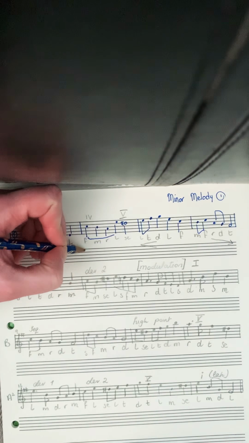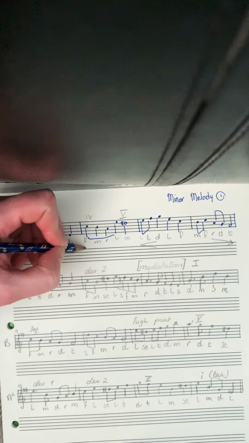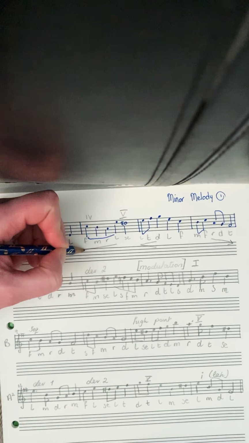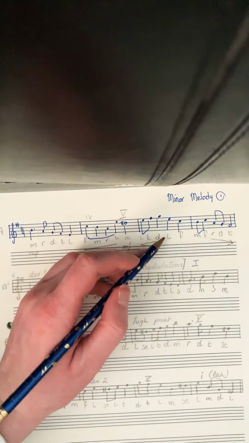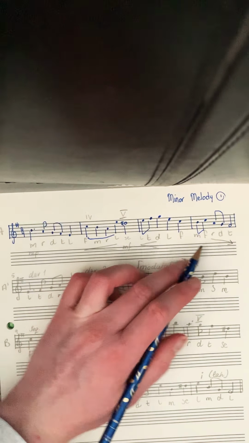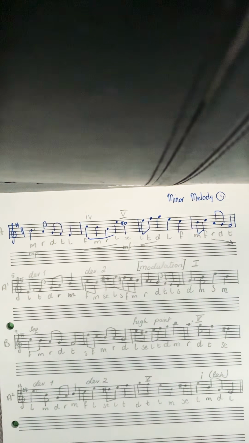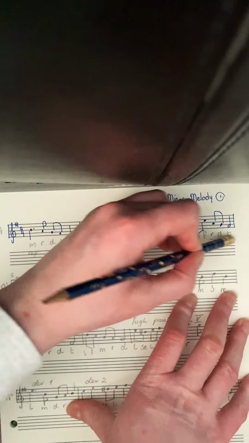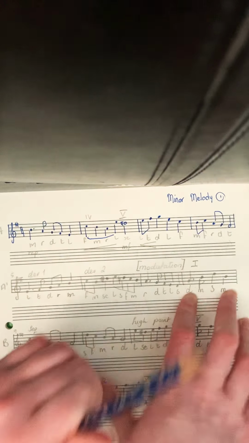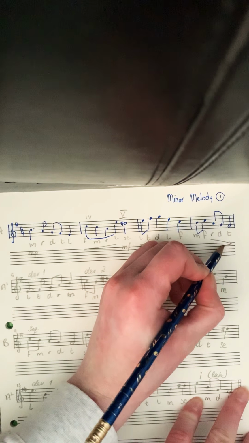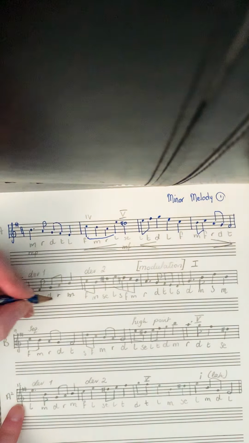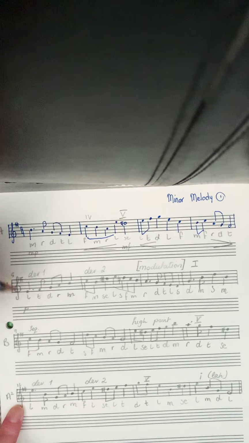Actually want a crescendo here as well. La, ti, do, la, fa, mi, fa, re, do, ti. I'm going to rub out this arrow for now, because that was just rough work, and put in a diminuendo here, down to piano.